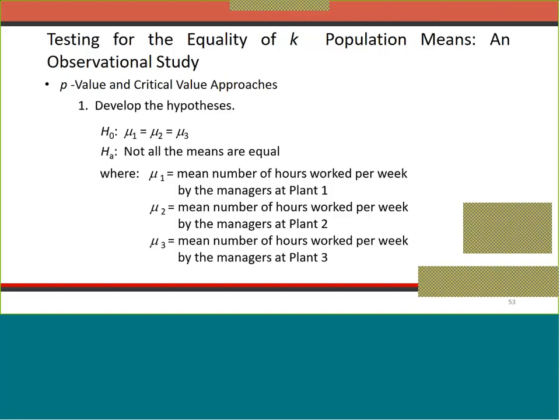So in this problem, mu1 is the mean number of hours worked per week by the managers at plant 1. Mu2 is the mean number of hours worked per week by the managers at plant 2. And mu3 is the mean number of hours worked per week by the managers at plant 3.